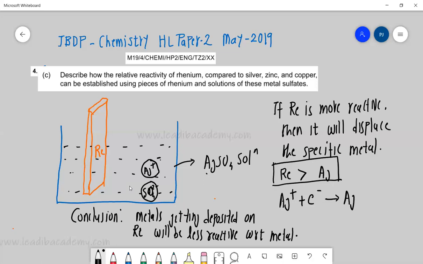Simple. Sorry, what I mean to say is, that metal will be less reactive with reference to rhenium.